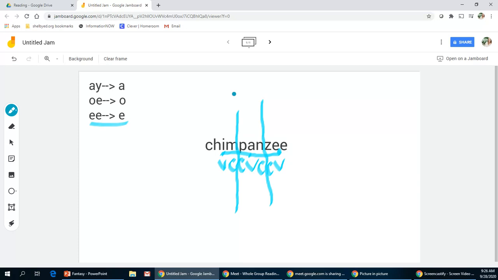What syllable type is this first syllable? Closed. Closed. What about this next one? Also closed. And what about this last one? Vowel team. All right, so if it's a closed syllable, the vowel says what? The name or sound? It says the sound.